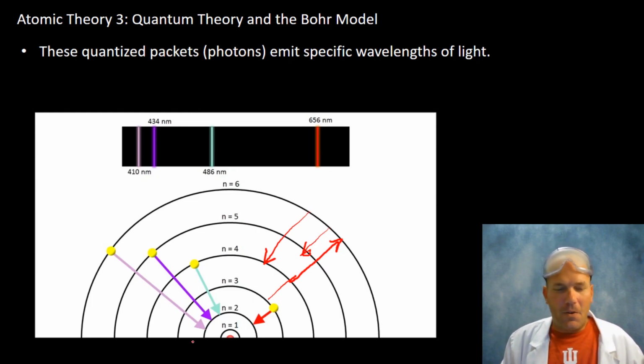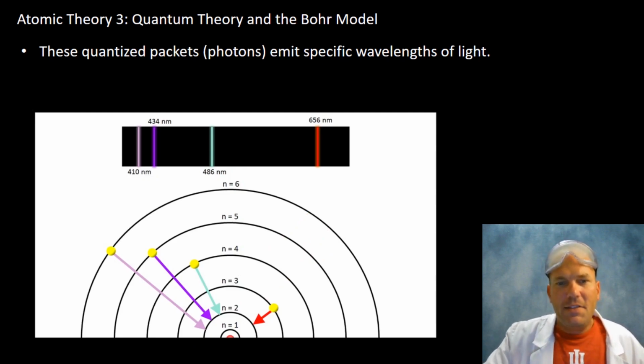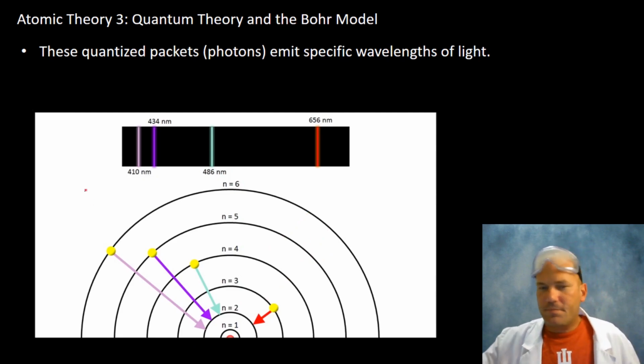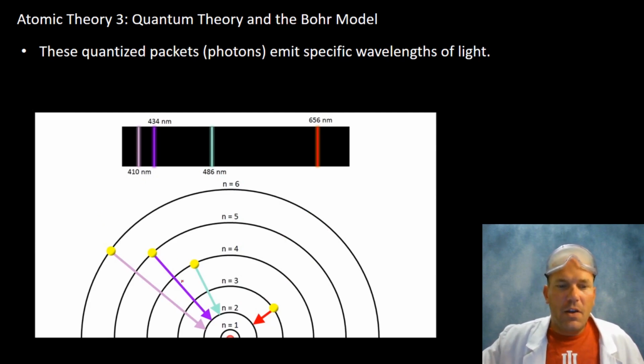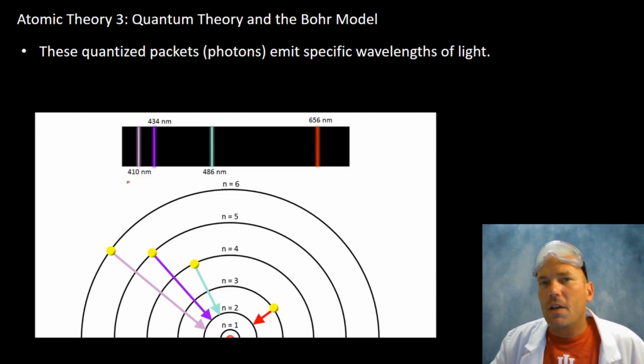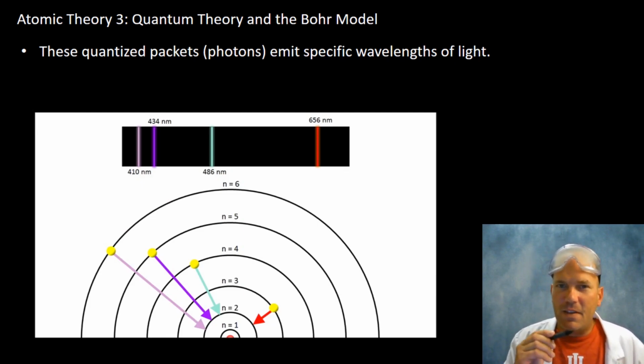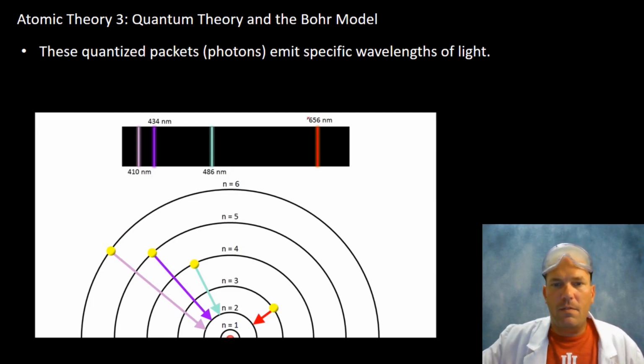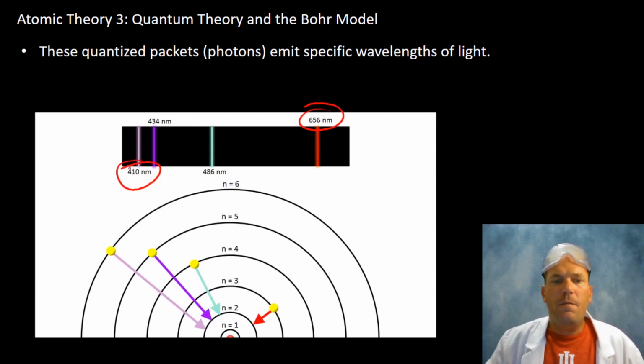All right, so if you look at this schematic and look at these lines, you can see how the lines correspond to different energies. Now remember, the shorter the wavelength, the greater the energy. All right, so we have a 656 nanometer and a 410.